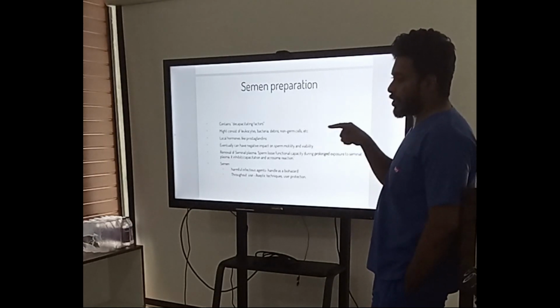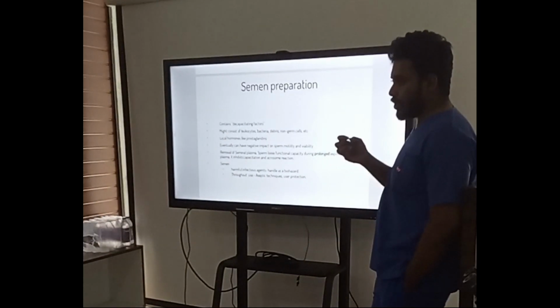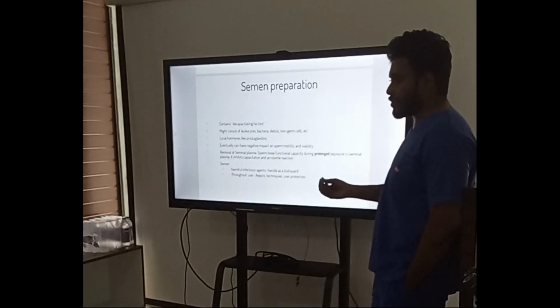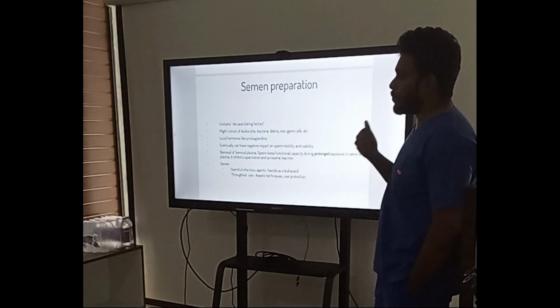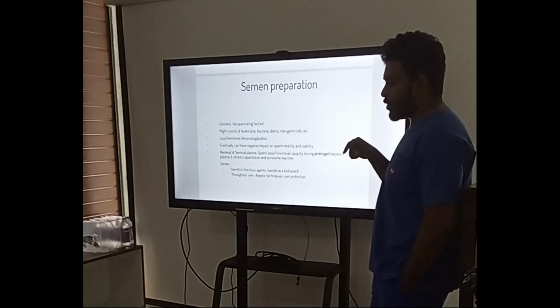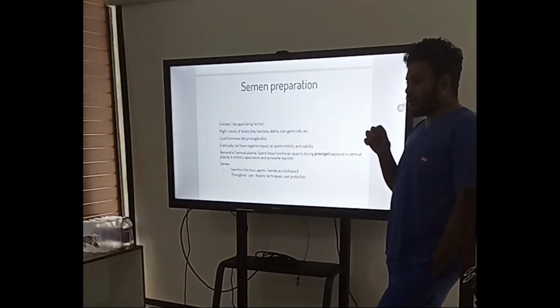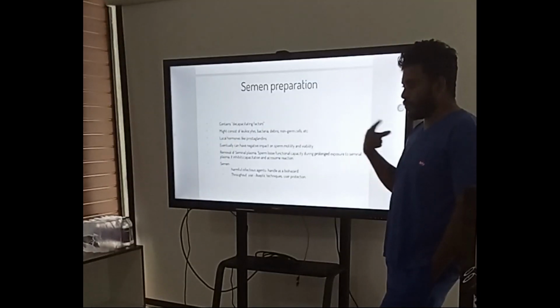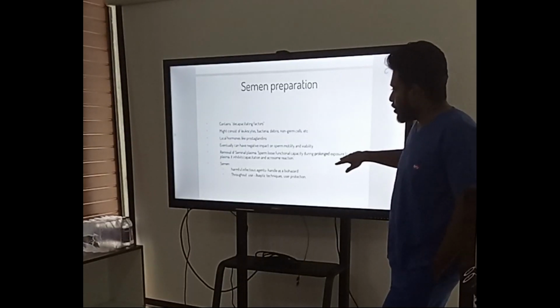So through this journey, the capacitation will take place, because of the pH the vagina possesses and all the other factors that induce the sperm to have the capacitating factor, and once the capacitation happens, the sperm will be rapid progressive. When it is in a solid state or the semi-liquid state, it will not have that kind of movement in and around. When it gets capacitated, the velocity of that sperm to swim forward increases by 5 times.